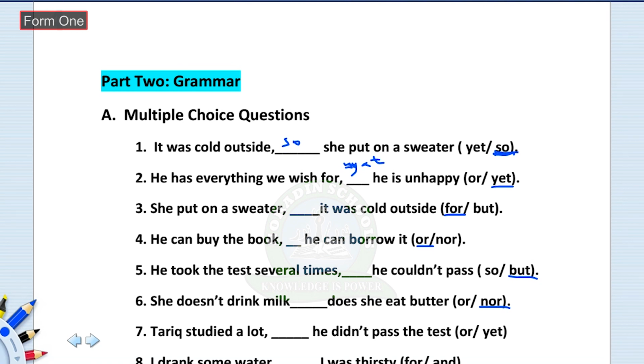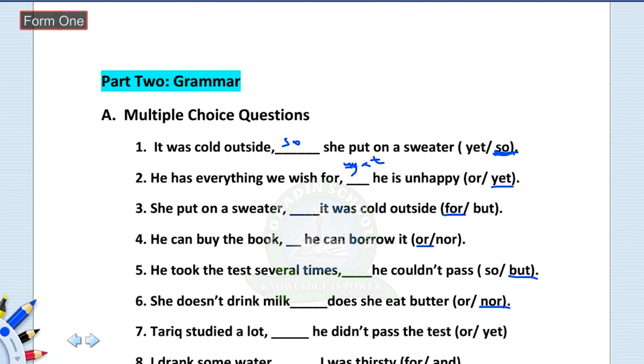Seven, Tarp studied a lot, dash, he didn't pass the test. Now we have got two options, or and yet. Tarp studied a lot means he read and wrote a lot of things.